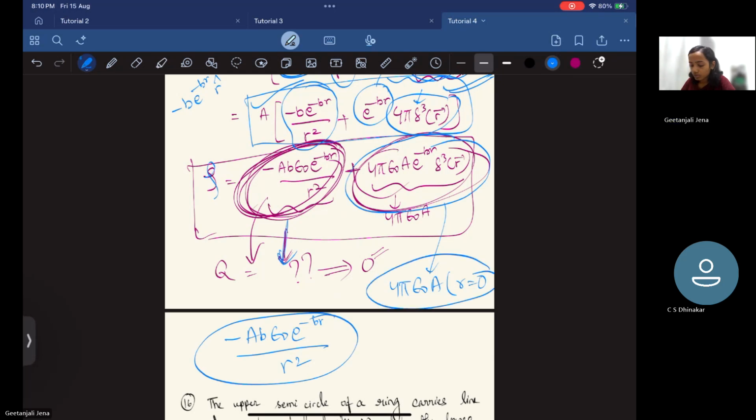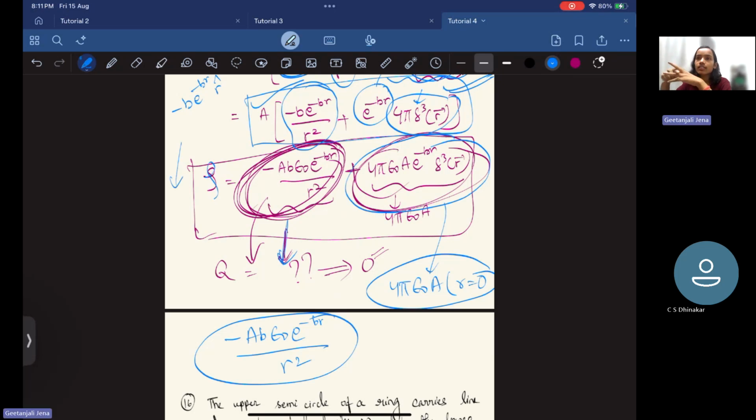Okay. So this is how it works for the inverse square law, where the electric field is r hat by r square. Whenever you have an electric field expression in terms of inverse square law, you can follow these steps.